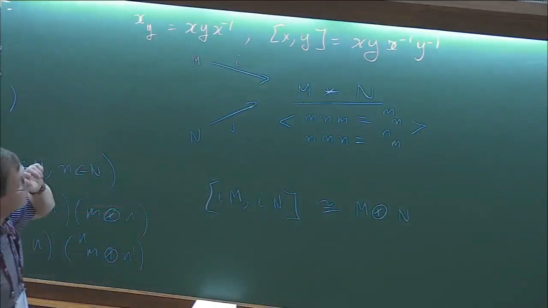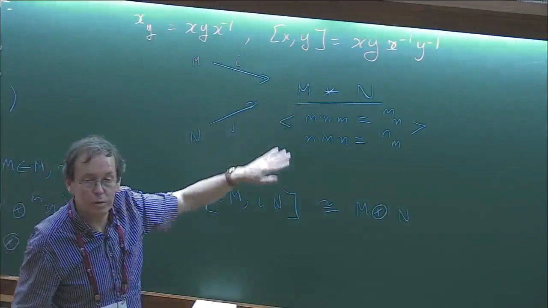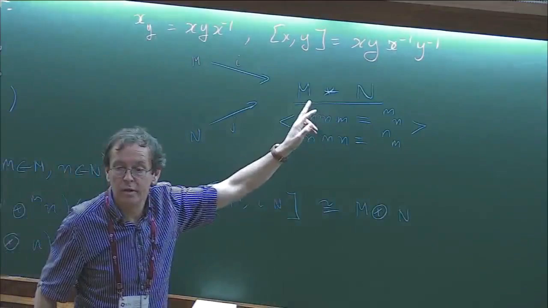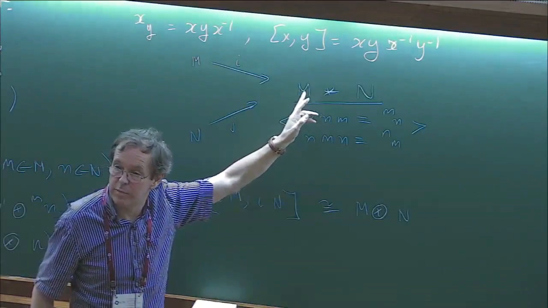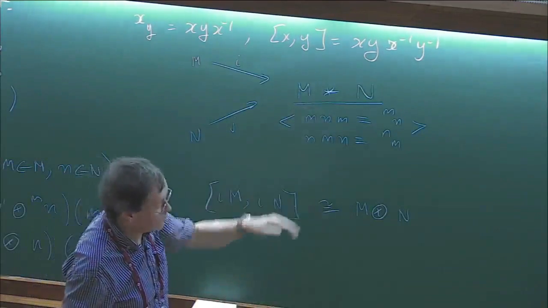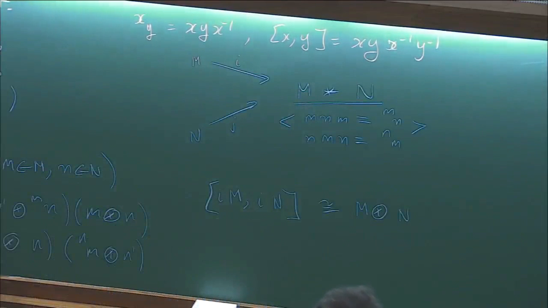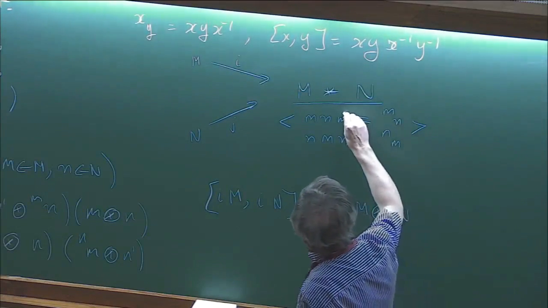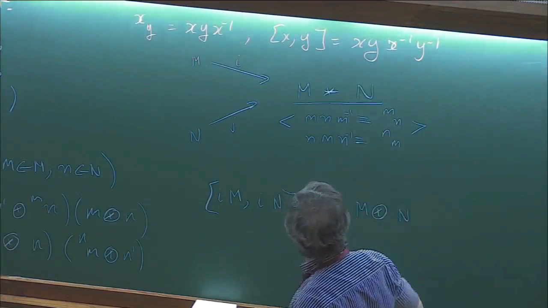So for computational purposes, this is certainly one approach to computing, because the number of generators here is just the union, the number of generators of m and n, and the number of relators can be reduced as well. Do I need conjugation? Oh, sorry, I think I do. Thank you. That wouldn't make sense. Thanks.